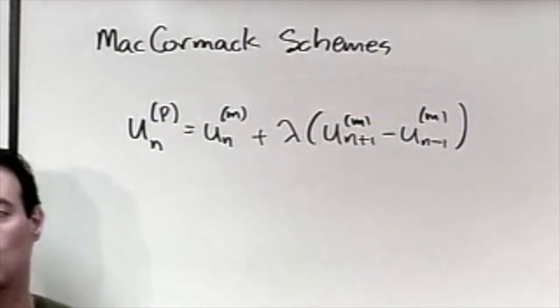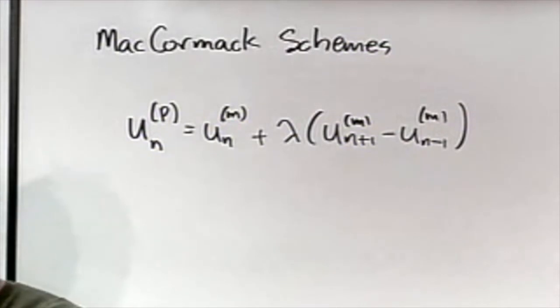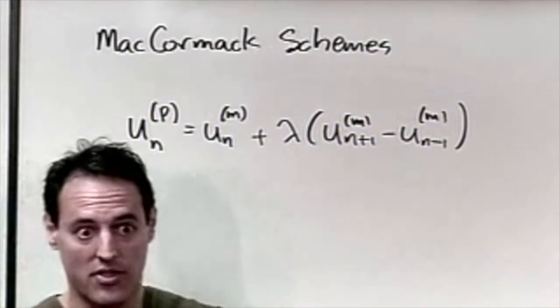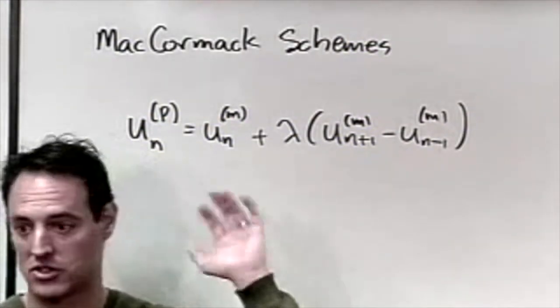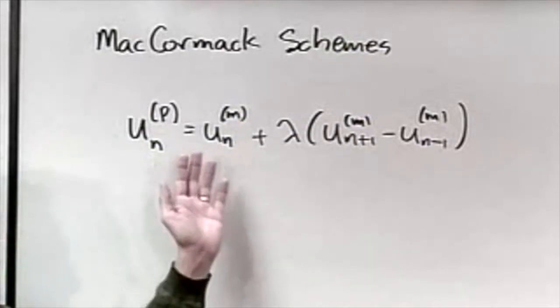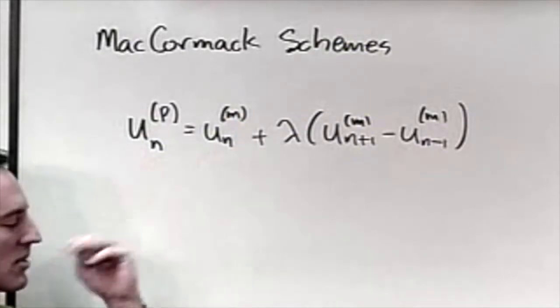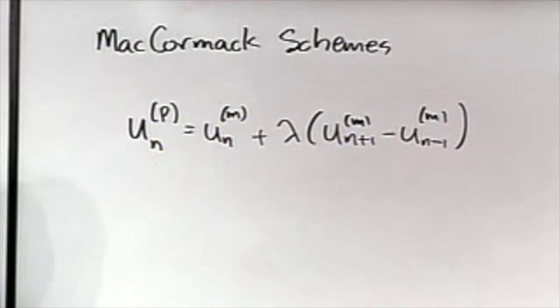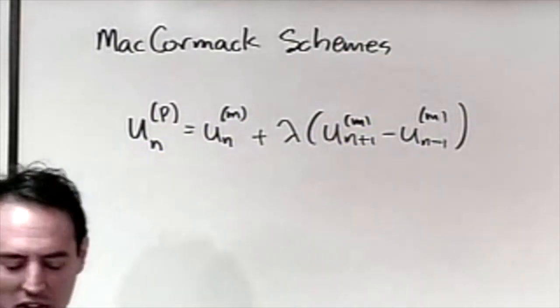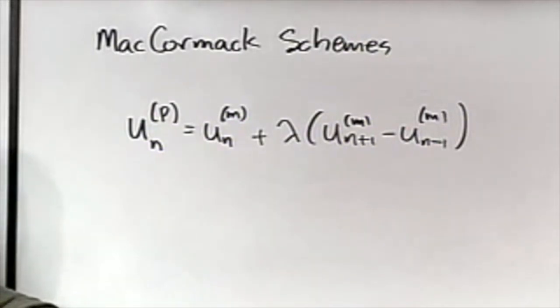So it never goes bad in 1 delta t. It's always over thousands of iterations that this thing will go to infinity. But if you're just going one, big deal. And this just gives me a rough idea of what the future looks like. Once you get that future prediction, then you can correct it.